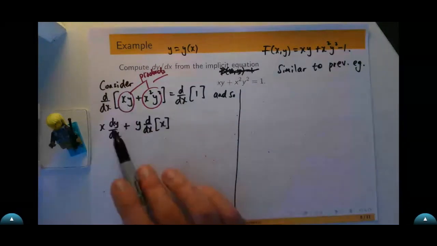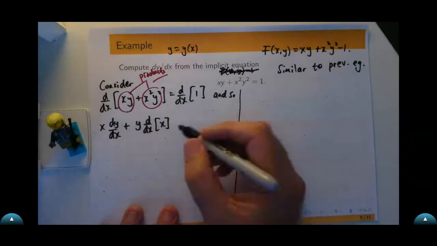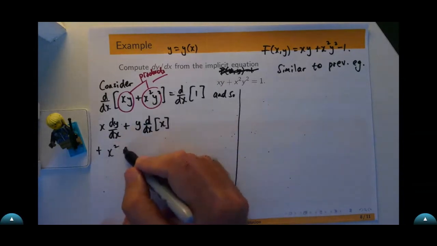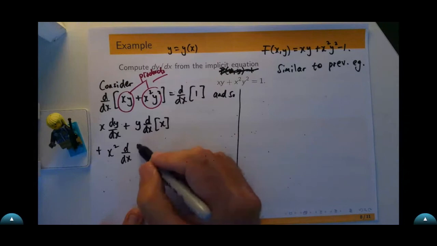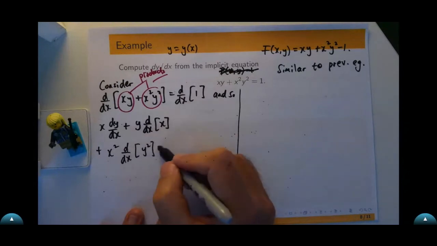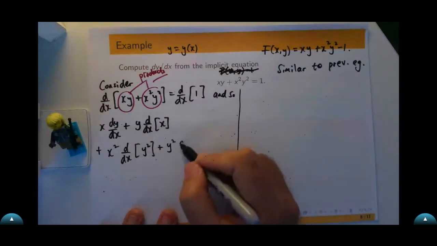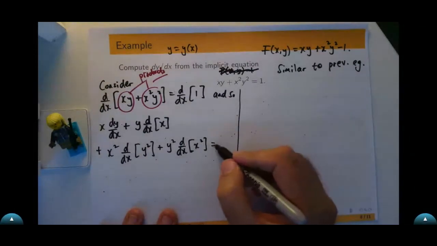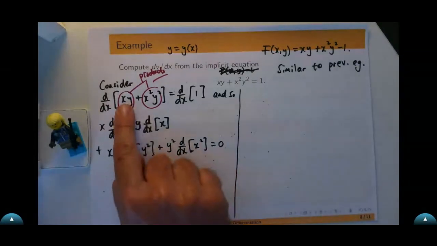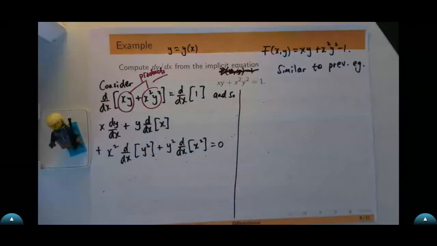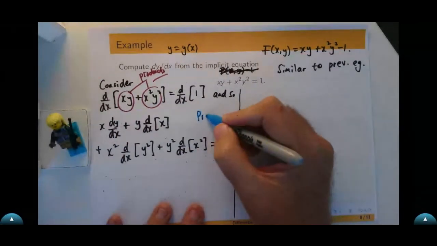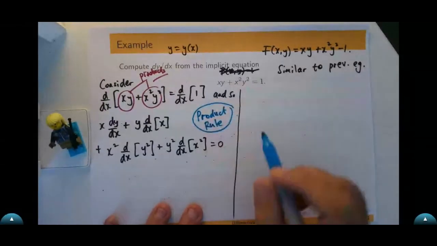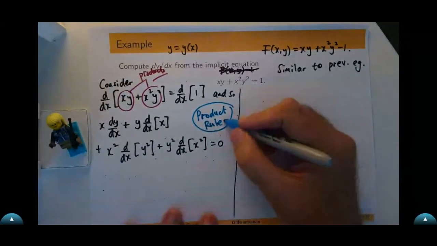Okay, so that's the product rule for the first part, plus... okay, so we've used the product rule on that, and we've used the product rule on that. Okay, so we've done the product rule twice.